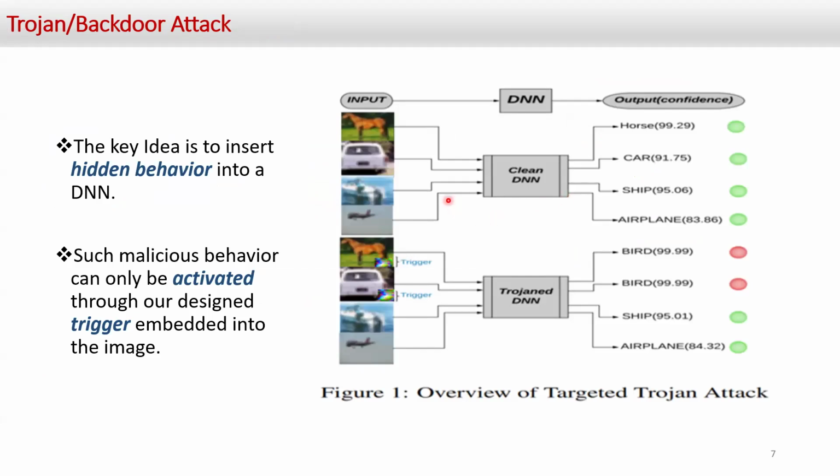A backdoor attack inserts hidden behavior into a clean model so that the model performs benignly when there is no input trigger. But whenever the attacker-designed trigger is present at the input, the model misclassifies to a target class.